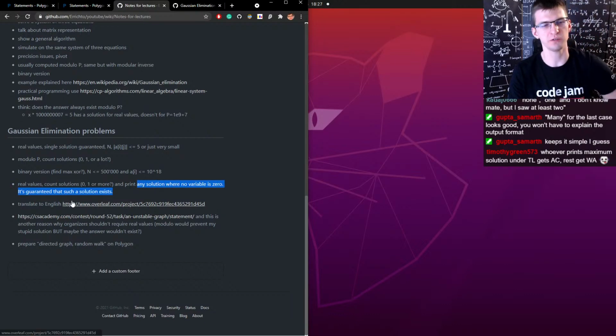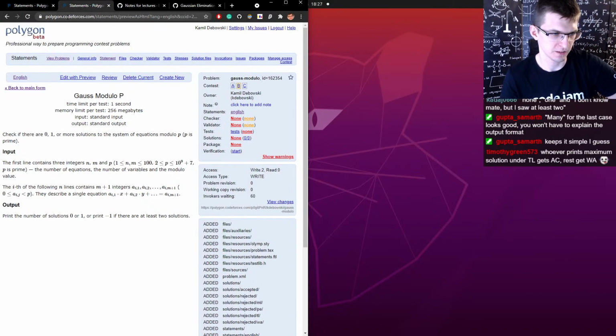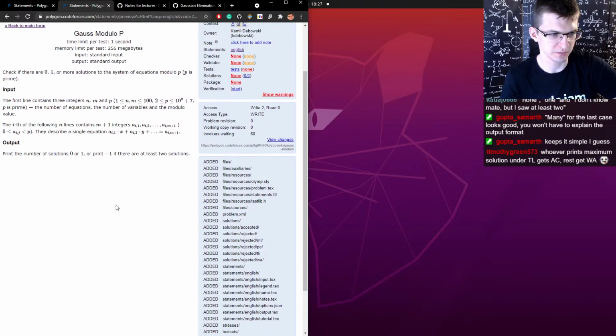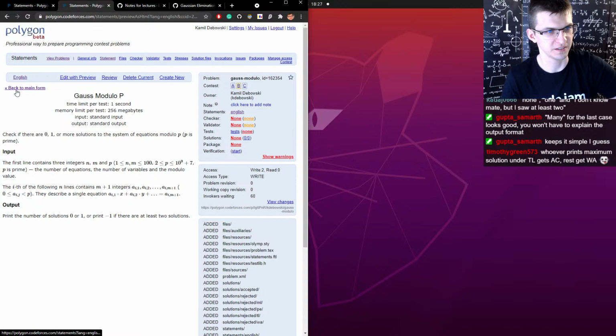Later we will have something with printing any solution. Right now just whoever prints the maximum solution under the time limit gets accepted. An optimization problem, I see.